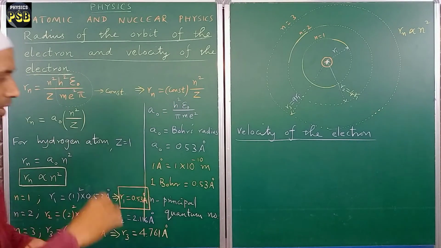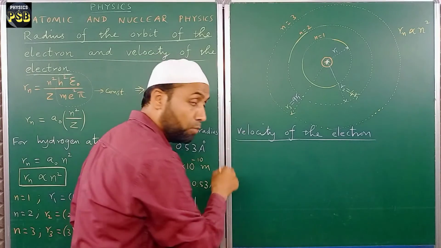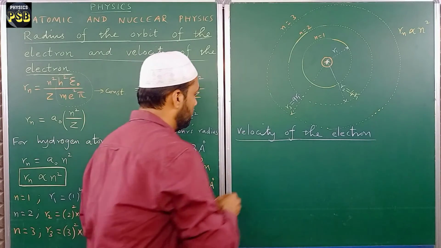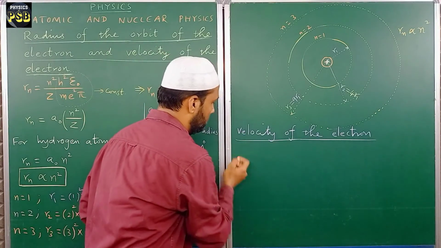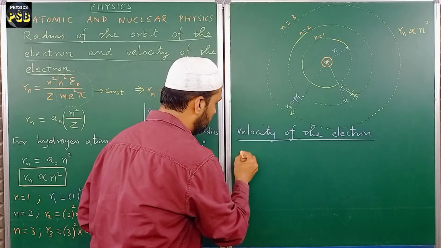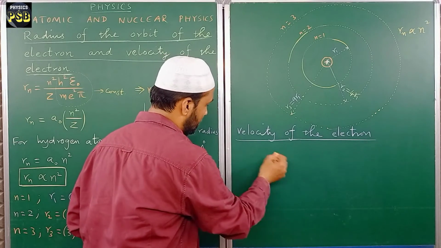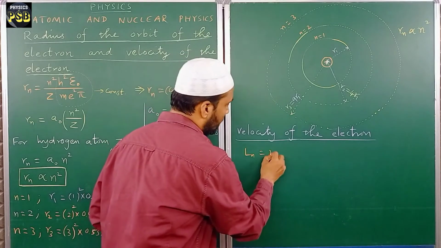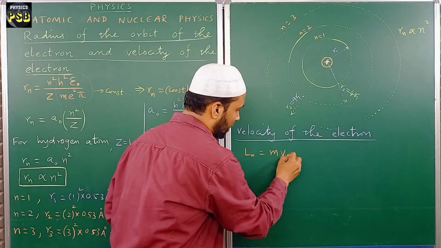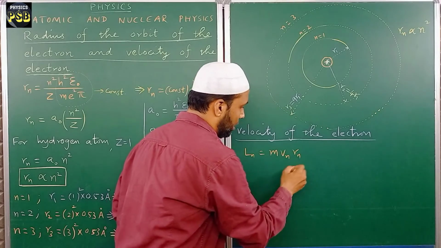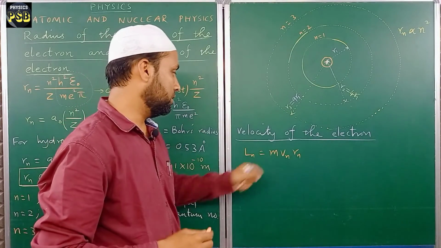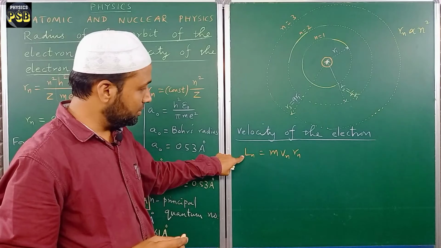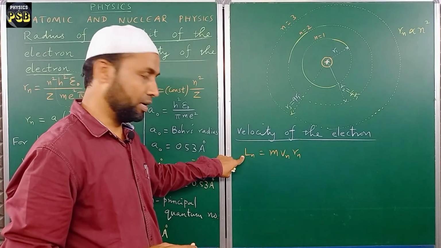Okay, for that I start with Bohr's quantization principle. What is that? Bohr's angular momentum quantization condition is nothing but Ln equals mvnRn. This is the expression for angular momentum.